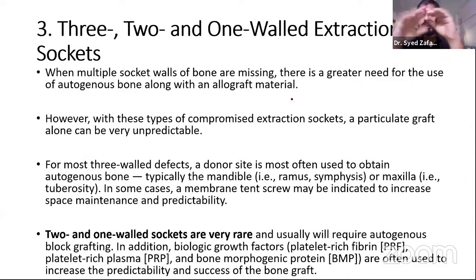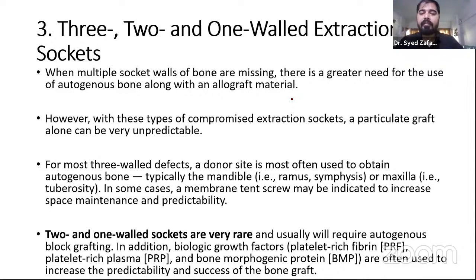Mostly in this kind of socket, we cannot predict after placement of bone what the outcome will be. That's why we cannot take any chance. We will use the allograft material and mix it with the autogenous bone graft. Where can we get the autogenous bone graft? From the ramus, from the symphysis, from the maxillary tuberosity. We mix it with the allograft.